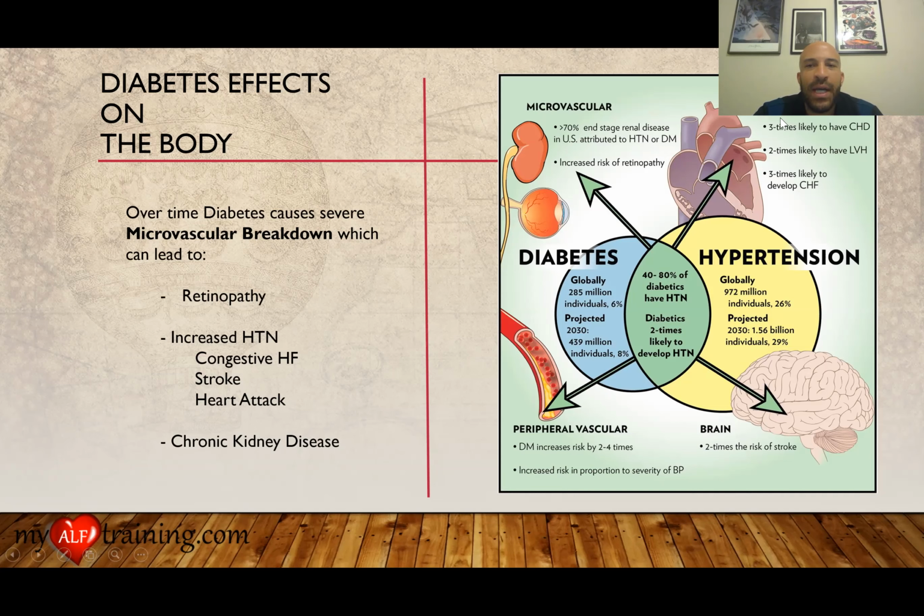Patients with diabetes and hypertension are 3 times more likely to have congestive heart failure, which can lead to a heart attack. Patients with diabetes are 2 to 4 times more likely to have peripheral vascular disease, which worsens their blood pressure. So these are difficult patients to manage. It goes further beyond checking their blood sugar and delivering the appropriate amount of insulin.